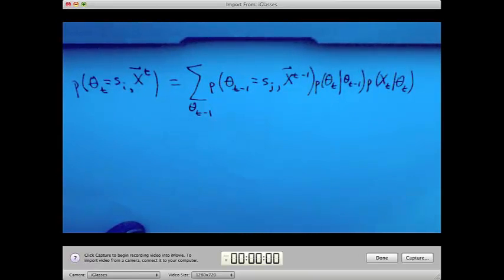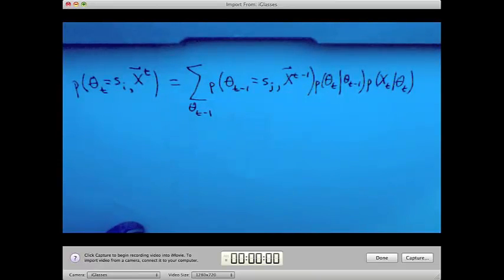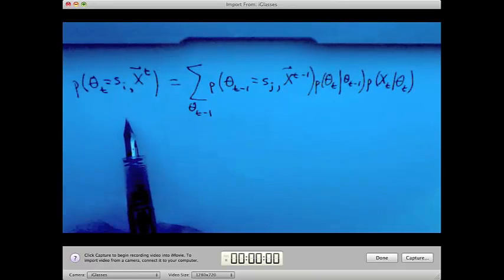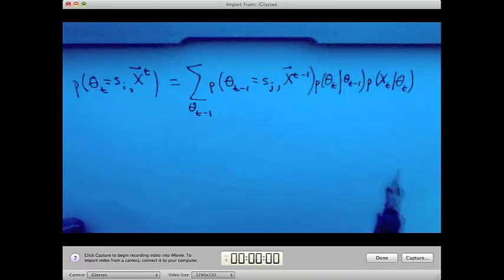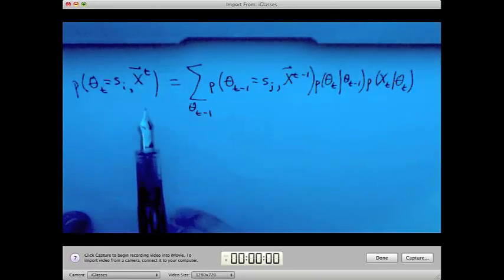So basically that means all possible values of j in this nomenclature, okay? So now what I have is a version of this recursion that allows me to get the probability for a specific state and the entire observation sequence.